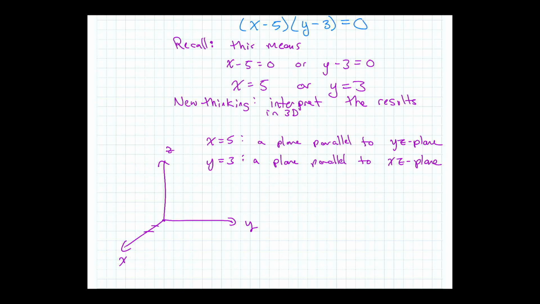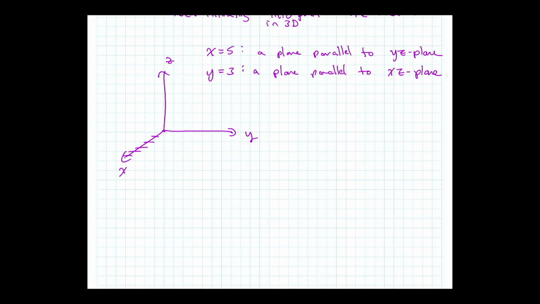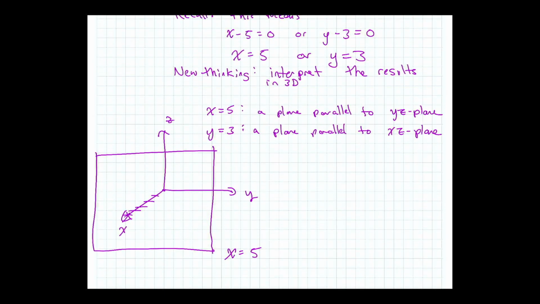So like 1, 2, 3, 4, 5. Okay. So way out here, you've got just this big plane. That is x equals 5, right? And this point actually intersects the plane. It's really hard to visualize what's going on there, but that's what you have.